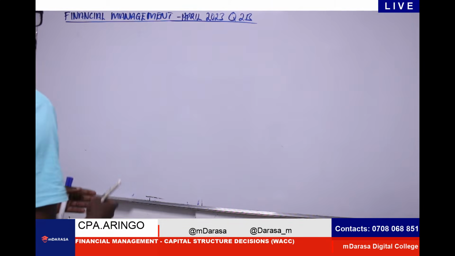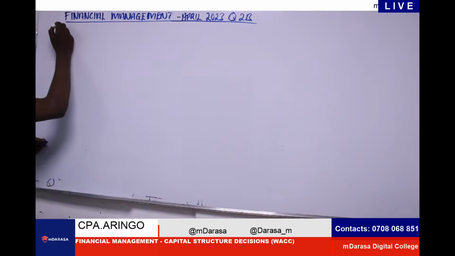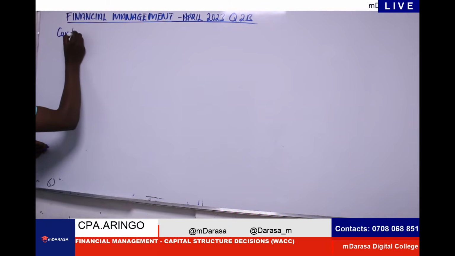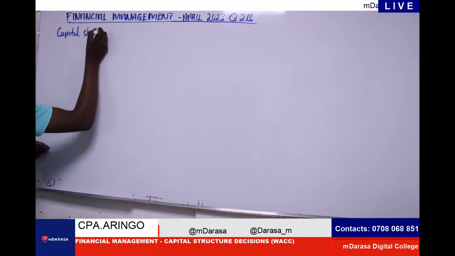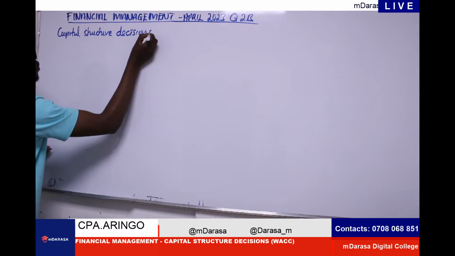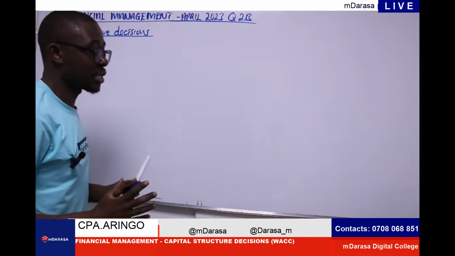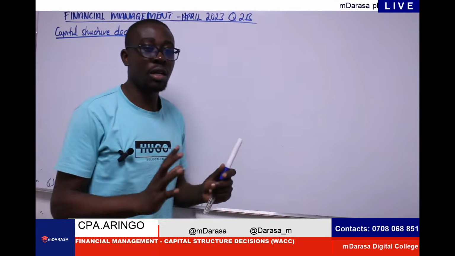So at any given point, when we are talking about capital structure decision, just a quick overview. These are capital structure decisions. At this point, it is important to understand, just as Mwalimu had told us earlier on, that for capital structure decision, you're looking at the component of our capital, right? Which will always constitute both debt and equity component.